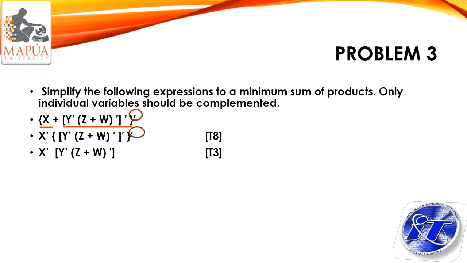So this is the only part of the equation which we have a shared negation. So we could implement De Morgan's law to have this equation. X naught, Y naught, Z naught, W naught. Is this minimum sum of product? Yes. Do we have a shared negation? No. Therefore, this is our final answer.